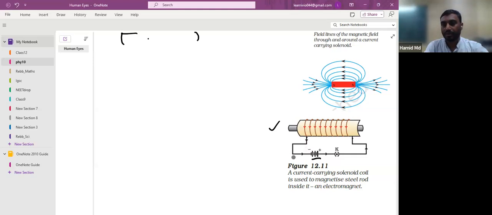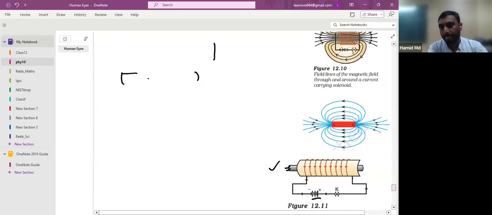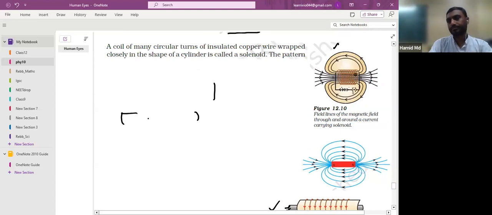As the current is established in the wire, it will be magnetized and behave like a bar magnet. The direction of the field will be as usual for a bar magnet, going from one side to the other side. Clear? As it goes in a bar magnet.